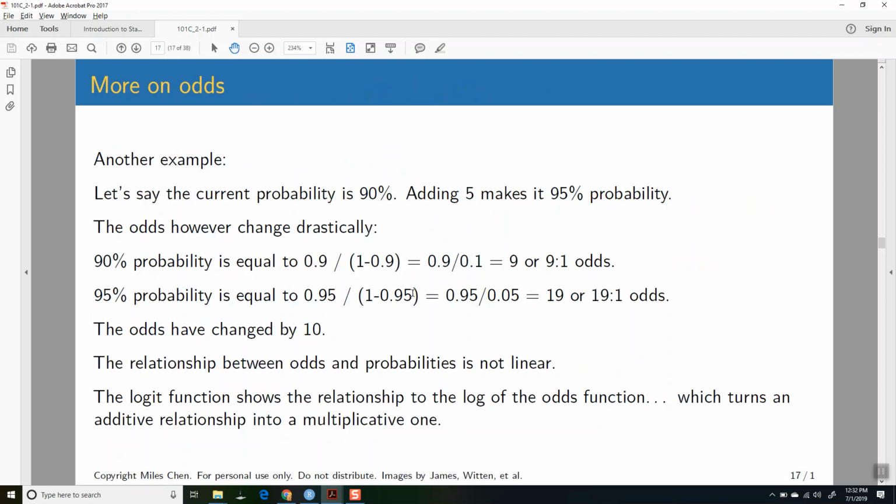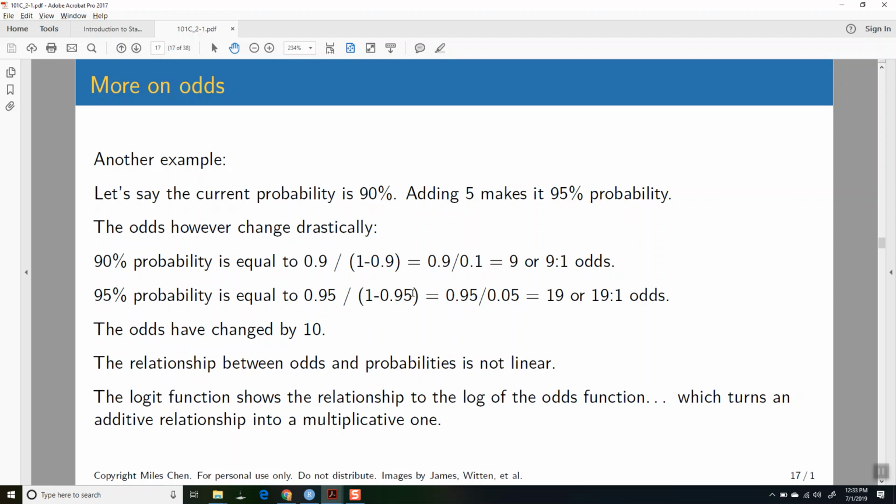This depends on what the original probability is. If the original probability is 90% and we add 5%, then it goes from 90% to 95%. That's not hard to understand. But the odds change quite drastically. 90% probability is basically 9 to 1 odds. If you have 10 chances, it's going to happen 9 out of the 10, and 1 that it won't, so that's 9 to 1.